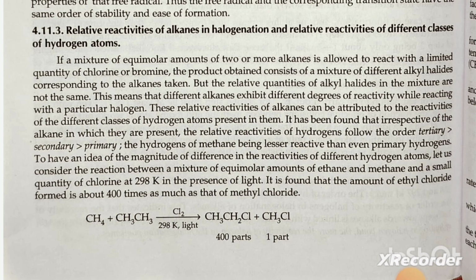It is found that the amount of ethyl chloride formed is about 400 times as much as that of methyl chloride. CH4 plus CH3CH3 in the presence of Cl2, 298 Kelvin, light give rise to CH3CH2Cl 400 parts plus CH3Cl 1 part.